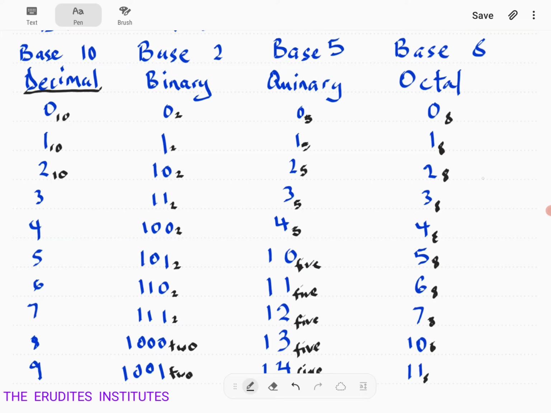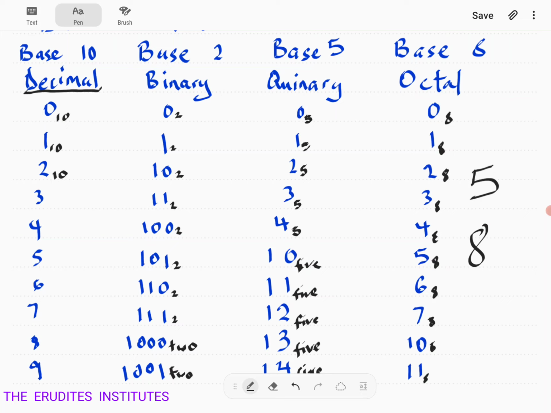If I write 5 without any base, it means it's in base 10. 8 is in base 10, like we always do. So the numbers we've been using since early on in our education tells us that we've been studying numbers in base 10. Now we are being introduced to base 2, base 5, base 8.